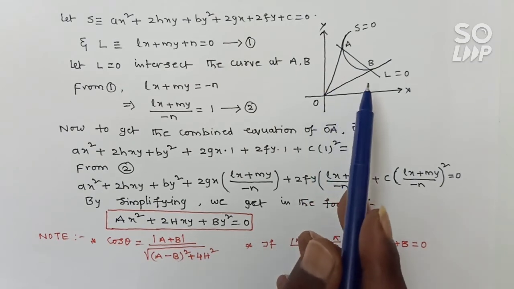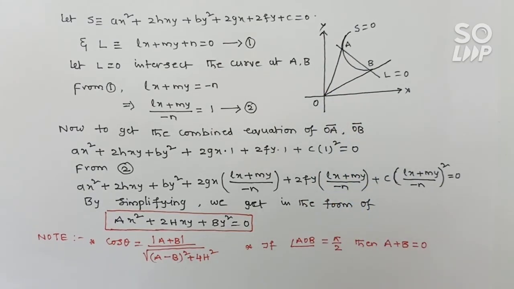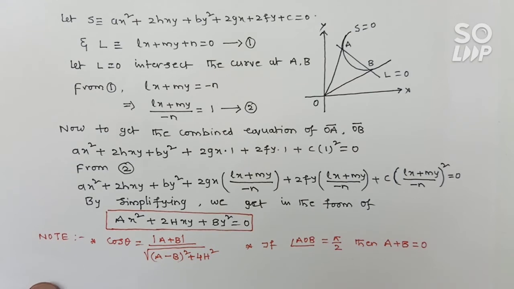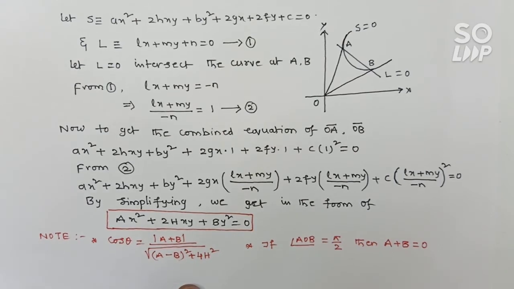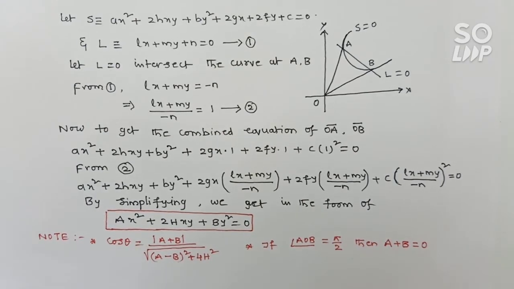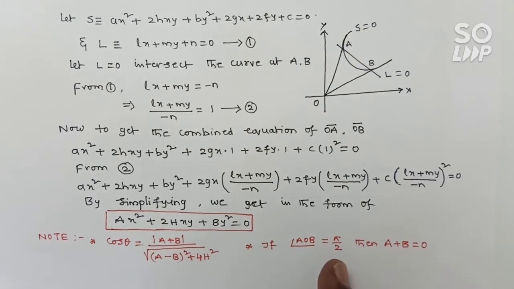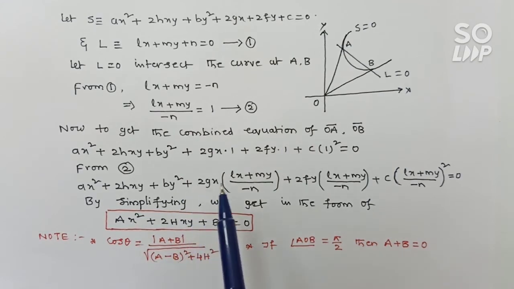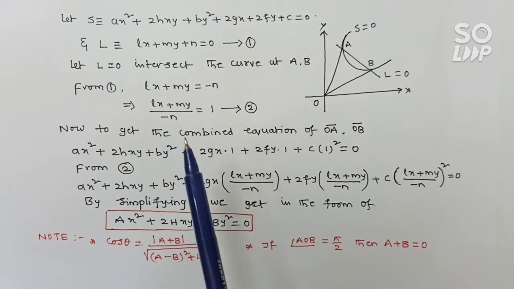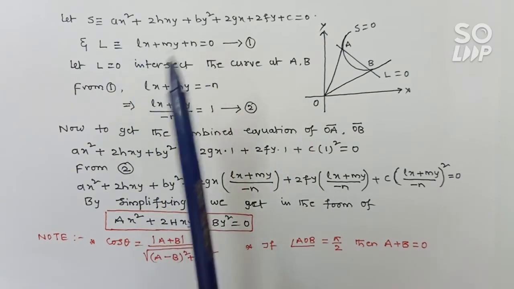If OA and OB are parallel or coincident lines, then we have the formula h square is equal to ab. All these results we already discussed in the homogeneous concept, right? So I hope everybody understands why it is called the homogenization method.